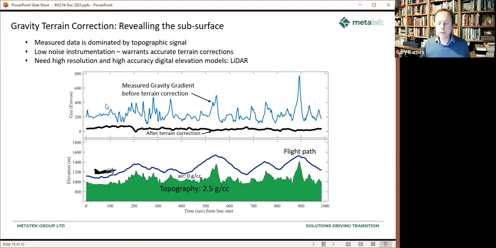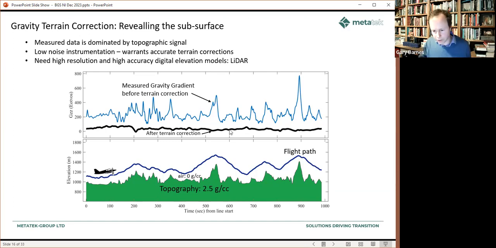So what we need to do is try to model that signal using measurements of the elevation of the terrain, and do a process we call forward calculation to give us the gravity response of that topography, and then remove that interference from the data. After we've done that terrain correction, it leaves us with what we call the Bouguer gravity anomaly, or the Bouguer gravity gradient anomaly.